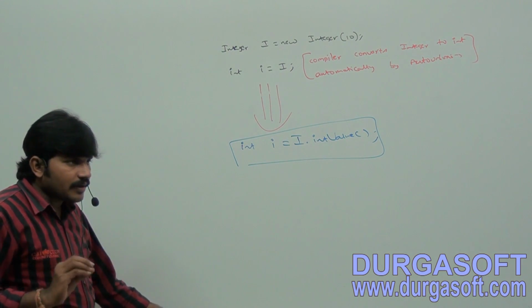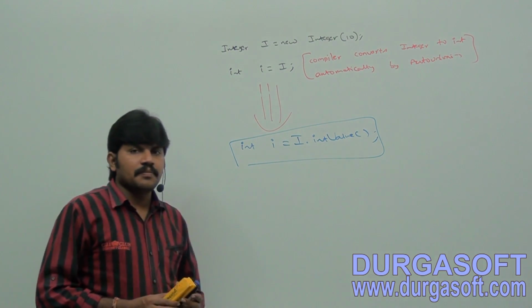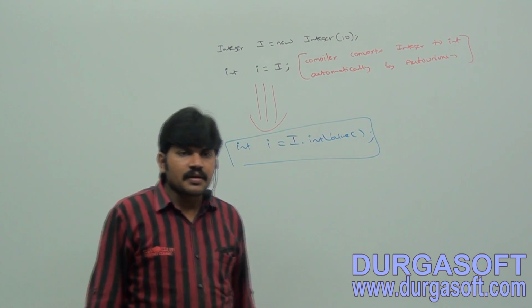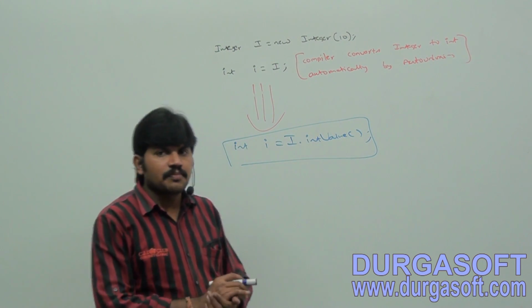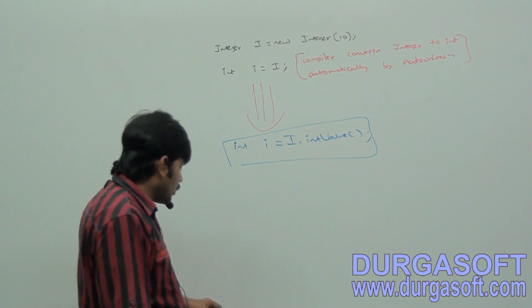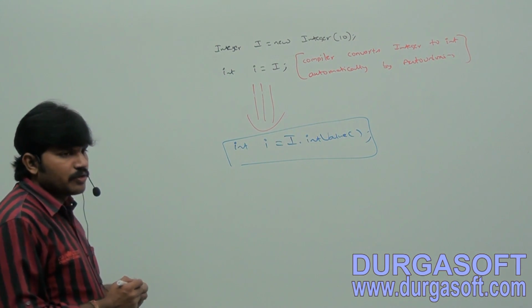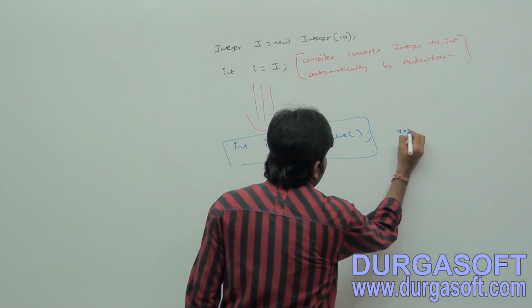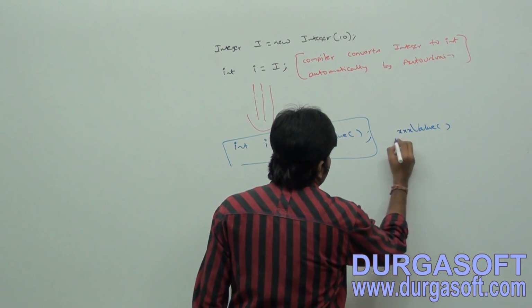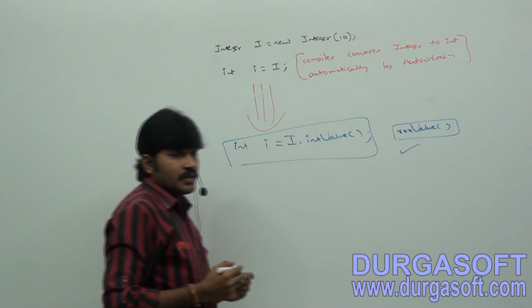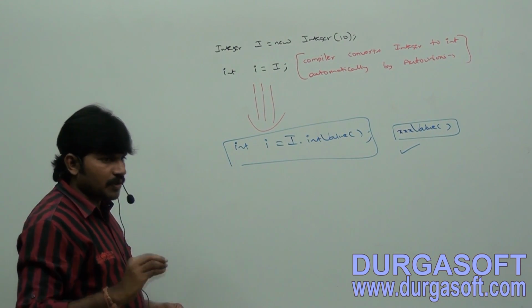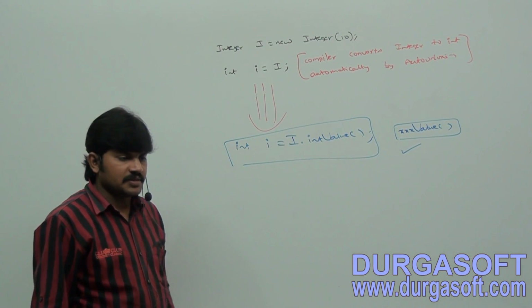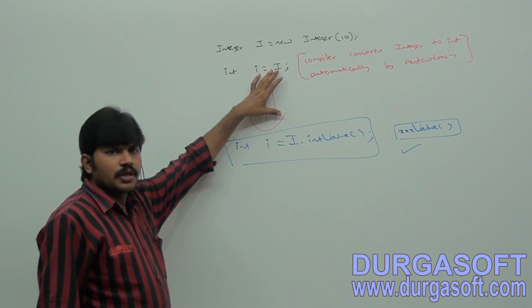That is how the auto unboxing concept is internally implemented, by using xxxValue methods. Okay, that's all. Are you able to understand, right?